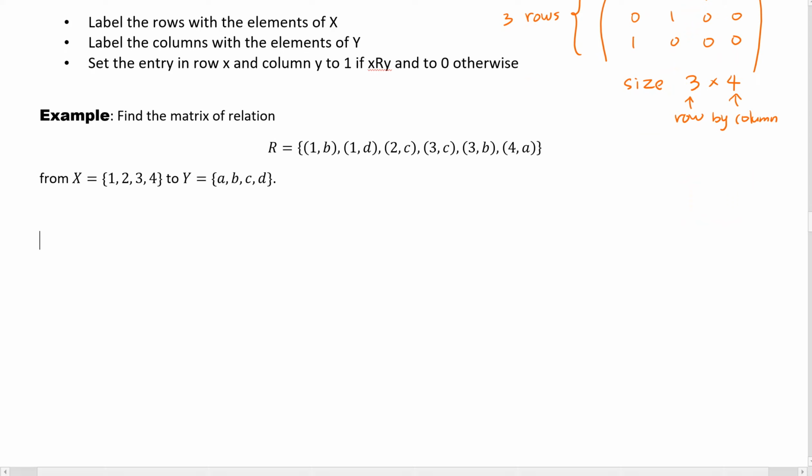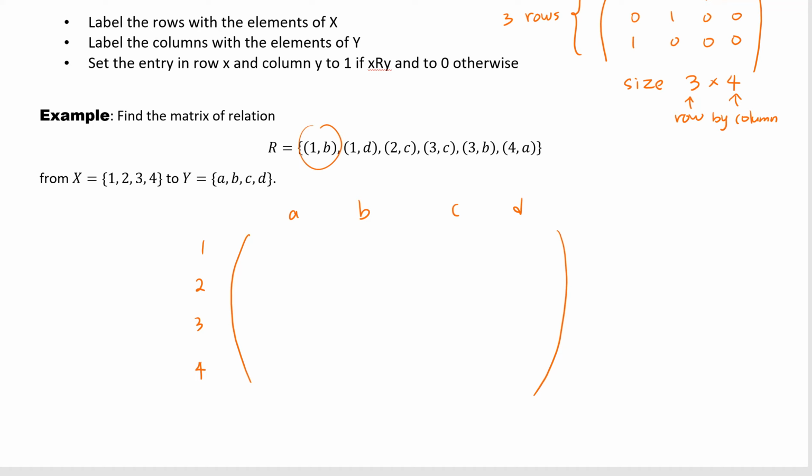So we draw the matrix, and for X we have 1, 2, 3, 4. We label the elements of X as the rows, and the elements of Y we label in the columns: a, b, c, d.